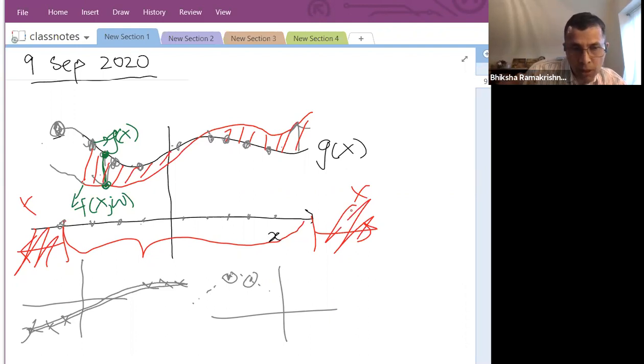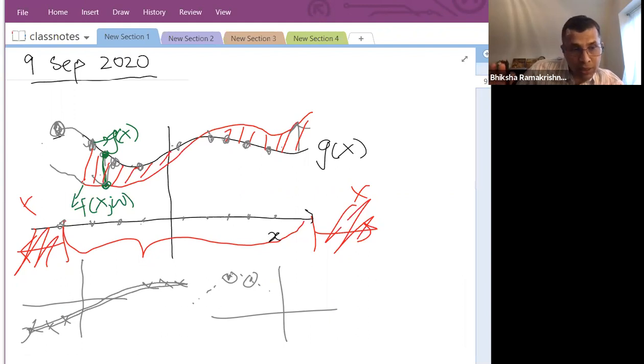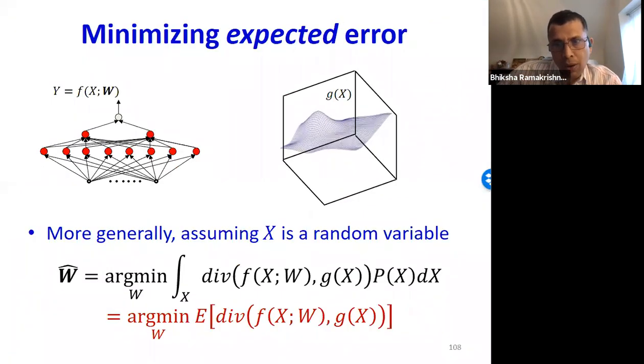That way you can do a better job of approximating the function in this region, at the cost of the approximation in regions of the input which will never be seen. So what we really want to do is to have this weighted integral. Instead of simply minimizing this divergence, you're going to weight the divergence at each point by the likelihood that that particular input will be seen.